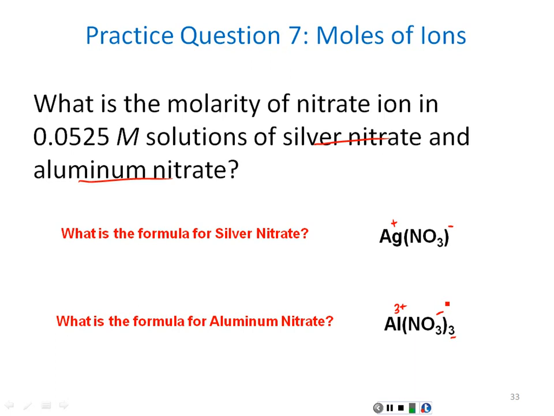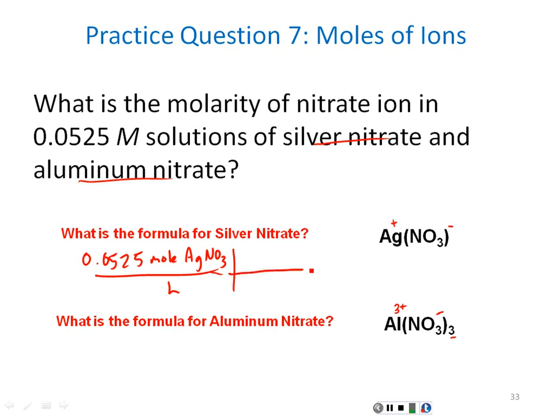So let's look at the molarity of nitrate ion in each of these solutions. For the first, we have 0.0525 moles of AgNO3 per liter.